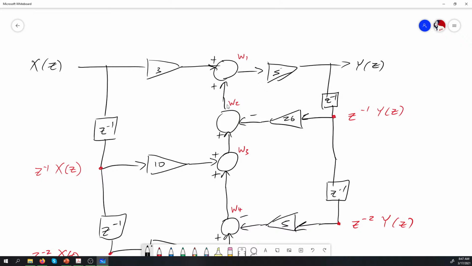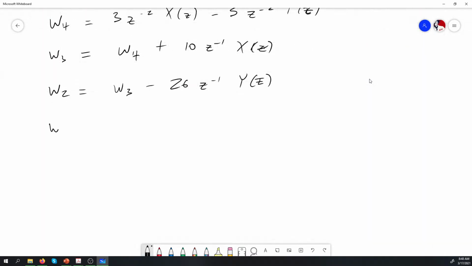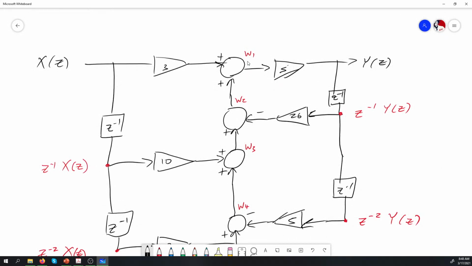So W1 here is the addition of W2 plus 3X of z. So W1 is basically W2 plus 3X. And then we just need our Y of z equation here, because we already covered the summation point for the output. So Y of z is going to be 5 of W1.